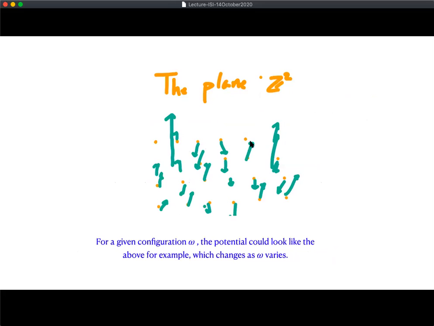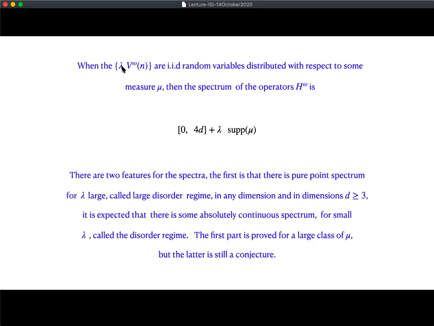So let me depict the potential by some arrows. The potential here is large, the potential here is small, negative, positive, and so on. To depict the size of the potential, one puts a parameter lambda that denotes the size. So when lambda times V_omega(n) are i.i.d. random variables distributed with respect to some measure mu, then the spectrum of this H_omega, which is a constant set, is this fixed set for almost every omega.